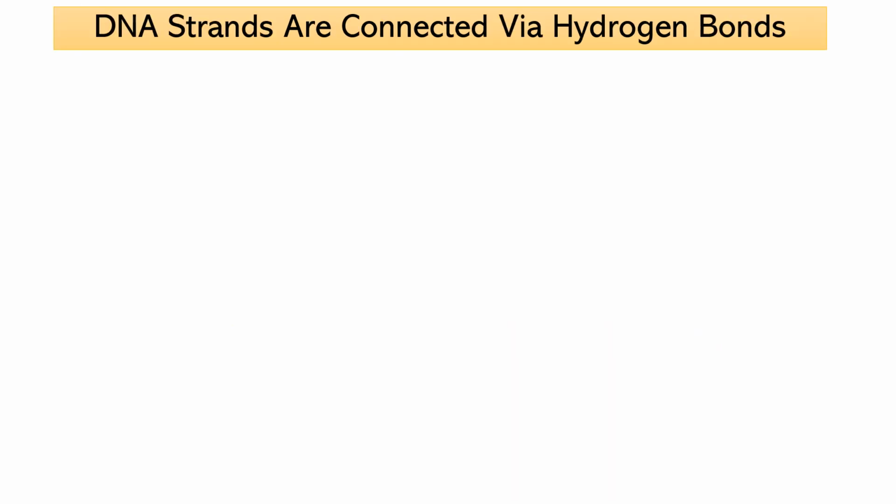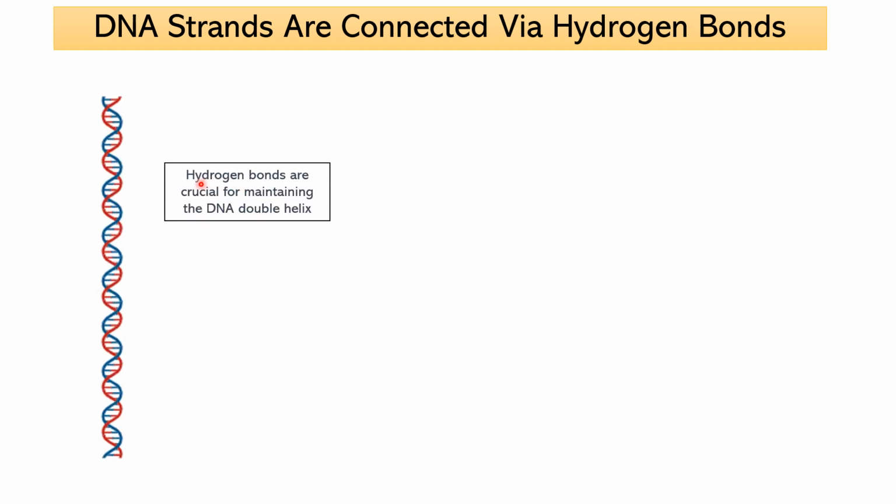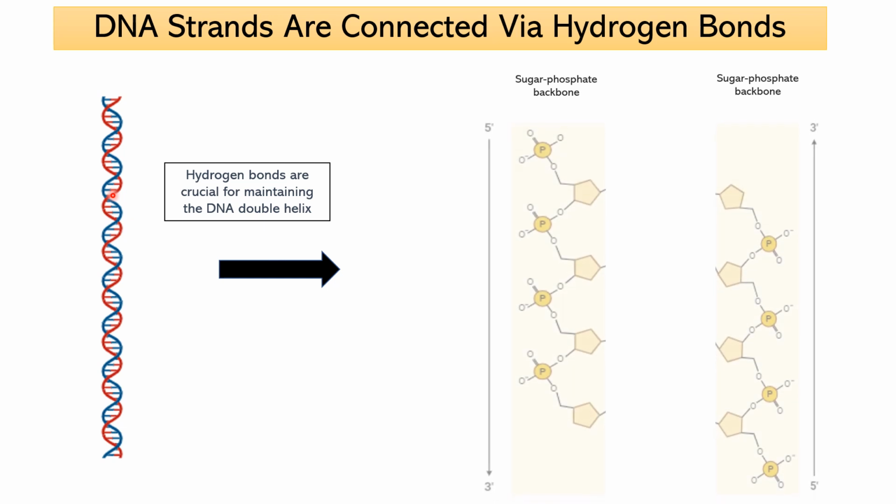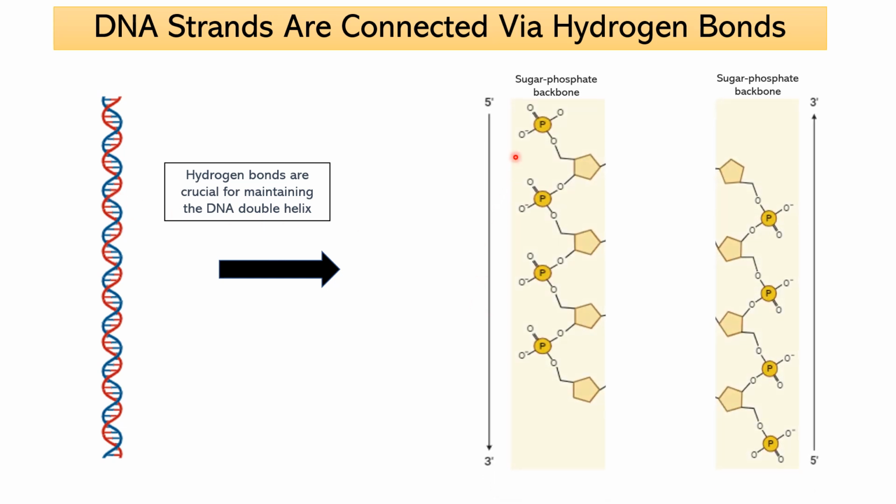You might be asking yourself how the interaction between these different nucleotides allows the DNA to maintain its double helix structure. The answer is the formation of hydrogen bonds between these nucleotides. So let's have a closer look at the DNA structure.